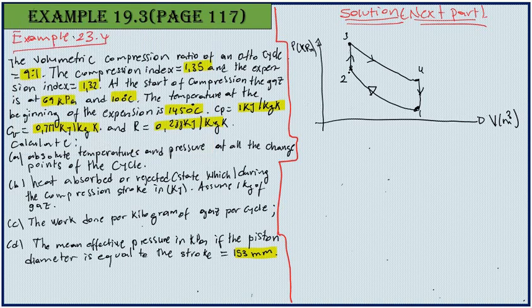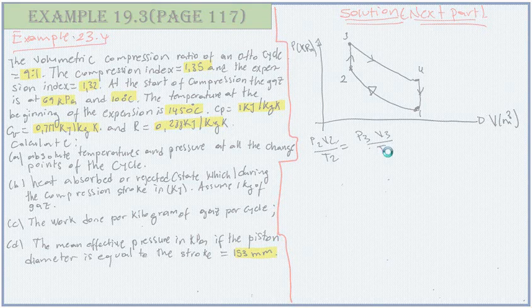Between 2 and 3 we have an isochoric process. For an isochoric process, we use the following relation: P2 V2 over T2 is equal to P3 V3 over T3.